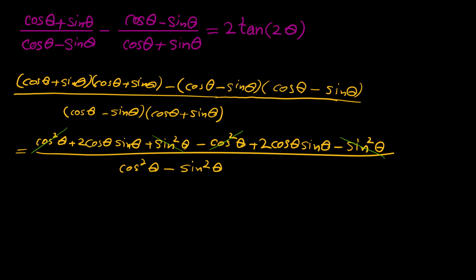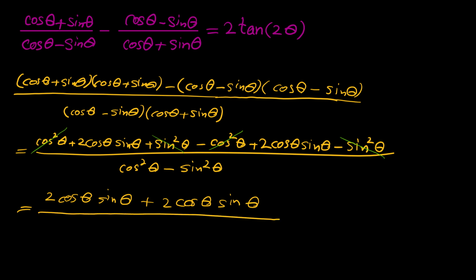In total we have 4 cosine sine. So in the numerator, we have 2 cosine theta sine theta and another 2 cosine theta sine theta.